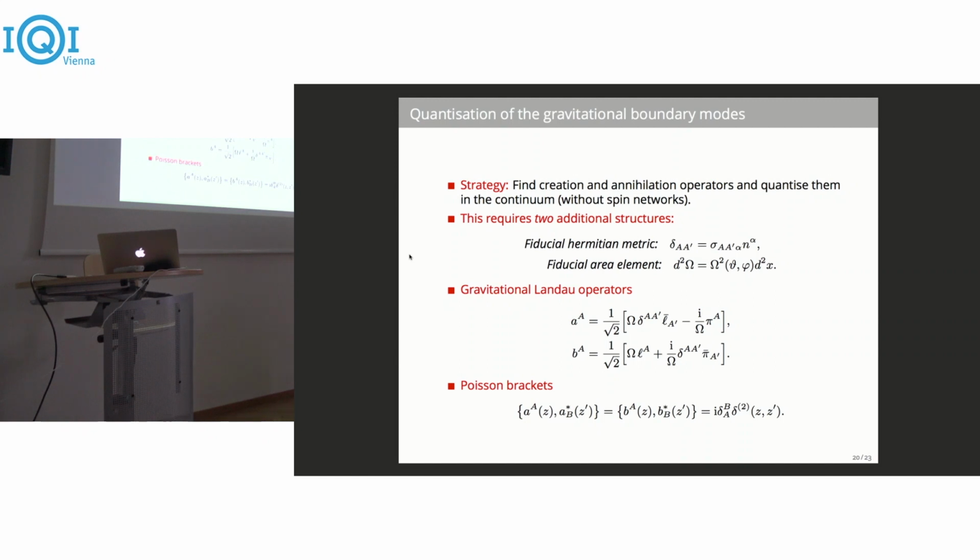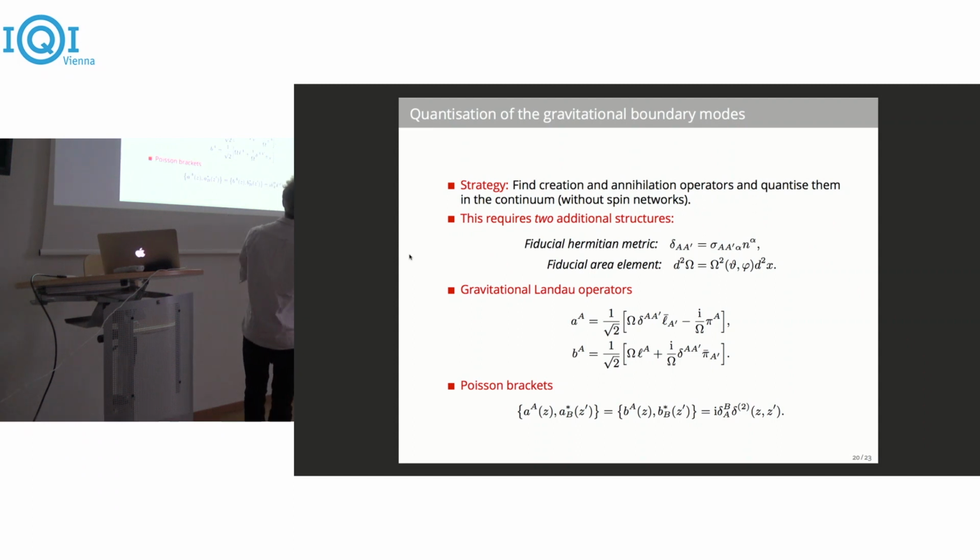In fact, if you have a phase space with P and X, this does not yet give you creation and annihilation operators. To have creation and annihilation operators, you need something more, because P and X have different dimensions. You need a notion of frequency. And since these are complex variables, you also need a notion of complex structure.